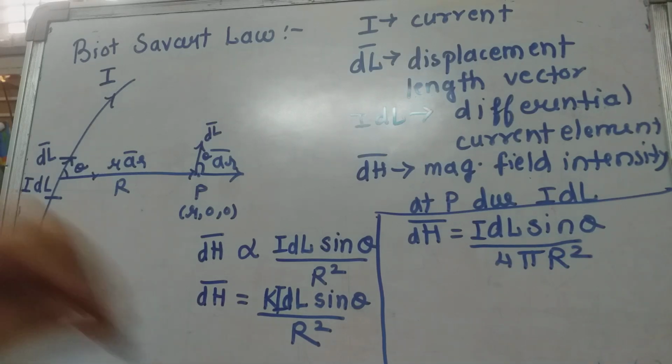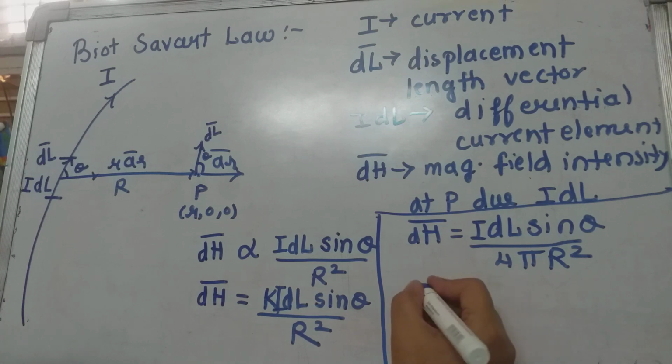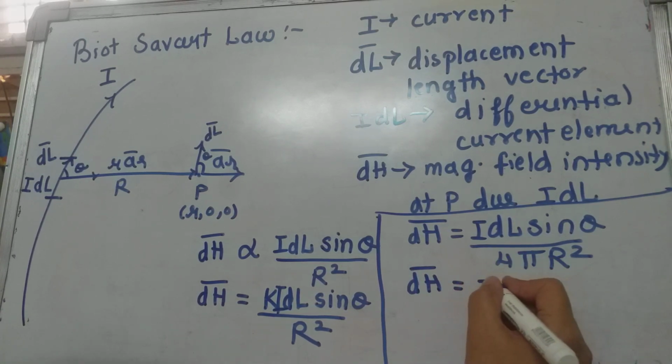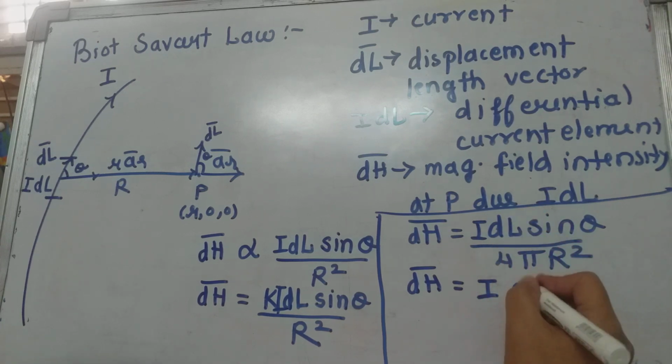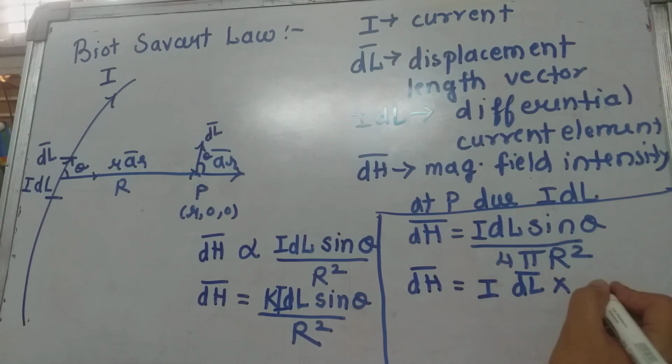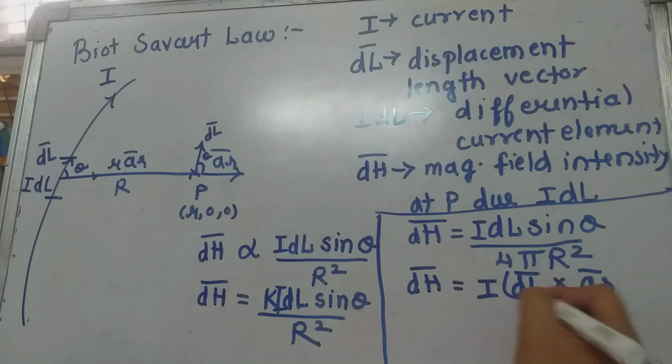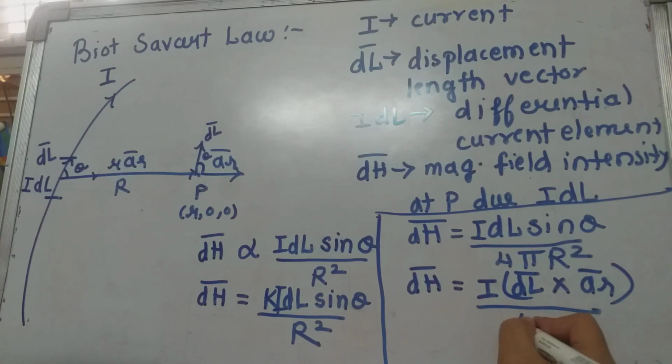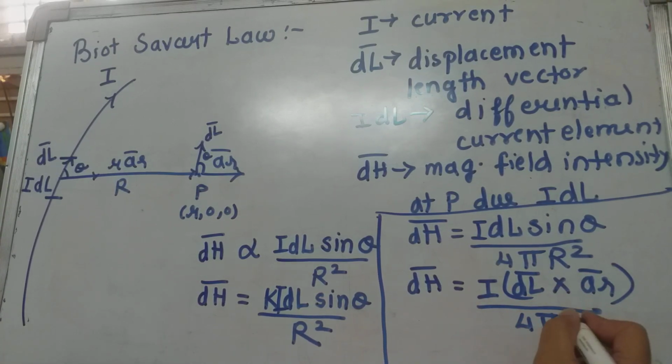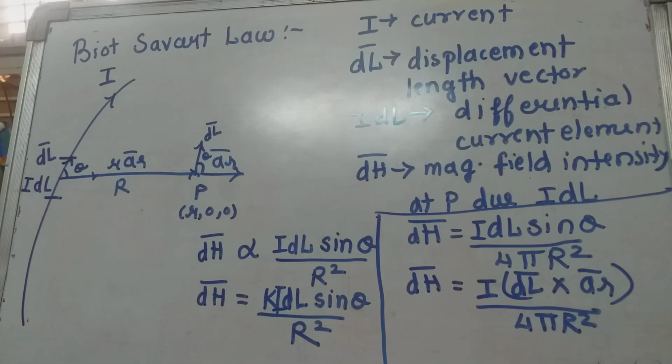I can also write this equation in this form: dH bar is equal to I dl bar cross unit vector a_r upon 4 pi r squared.